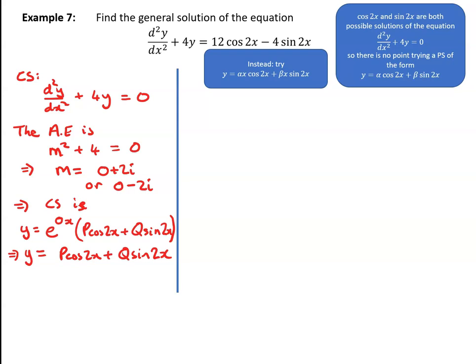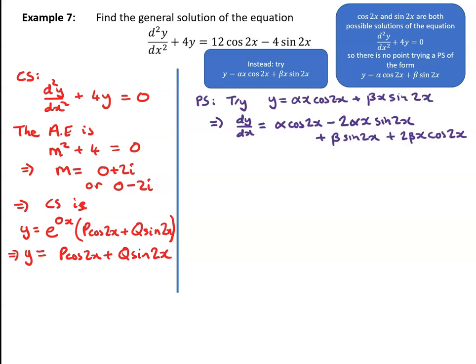If we try that, then dy by dx using the product rule is alpha cos 2x minus 2 alpha x sin 2x plus beta sin 2x plus 2 beta x cos 2x.